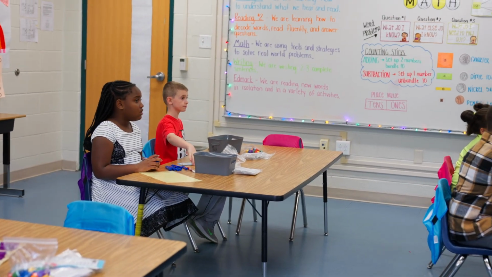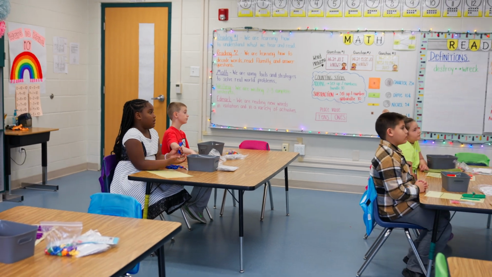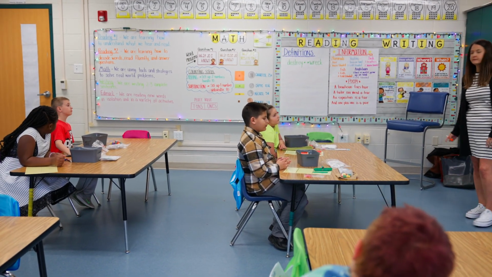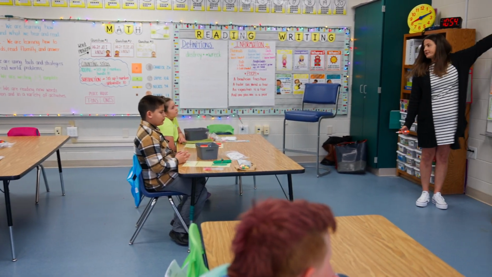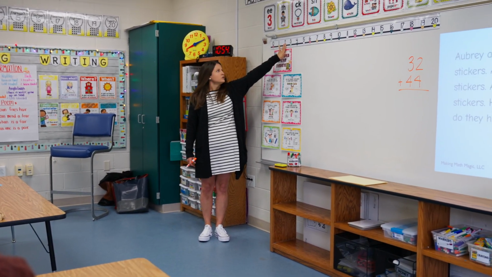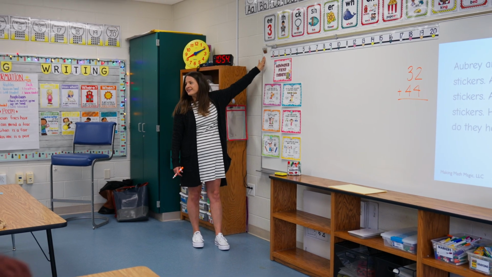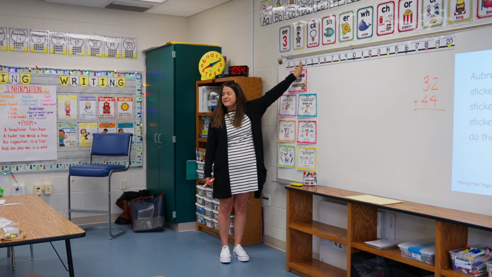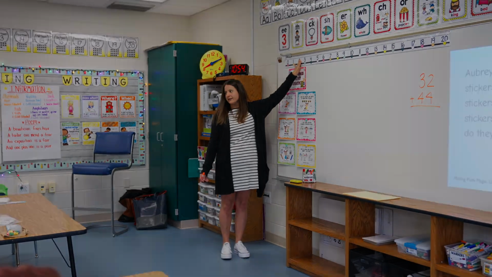And which one do you want, 2 or 4? Does it matter? No. If we're adding, it doesn't matter, does it? So which one do you want to start with? 2. All right, hands on the 2. What do I do now? You count up to 4. Do I go this way? No. Which way do I go? The other way. I go forward, right? Because when I'm adding, my answer is always going to be bigger.